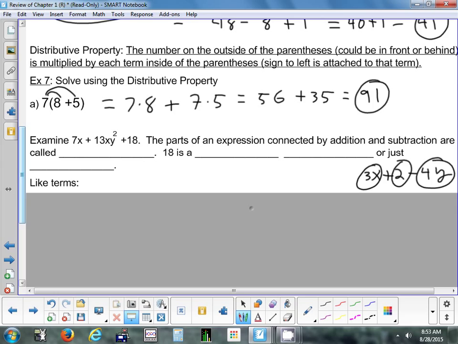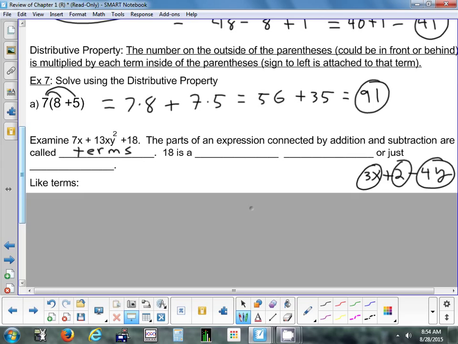That's the word I'm looking for. What are each of these things called? Terms. Yeah. So the parts of an expression that are connected by addition and subtraction signs are called terms.